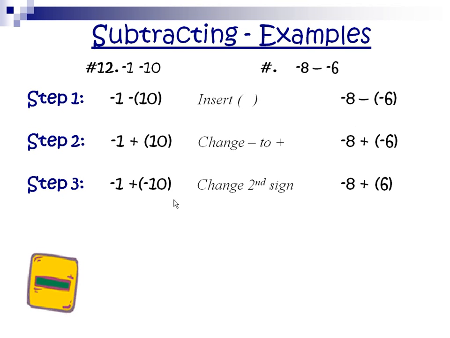Now notice that both of these are addition problems, so we're going to follow the rules for addition. Negative 1 plus a negative 10 is negative 11, and negative 8 plus 6 is negative 2.